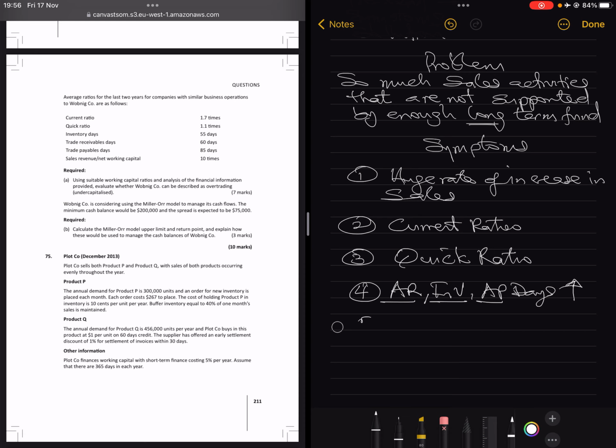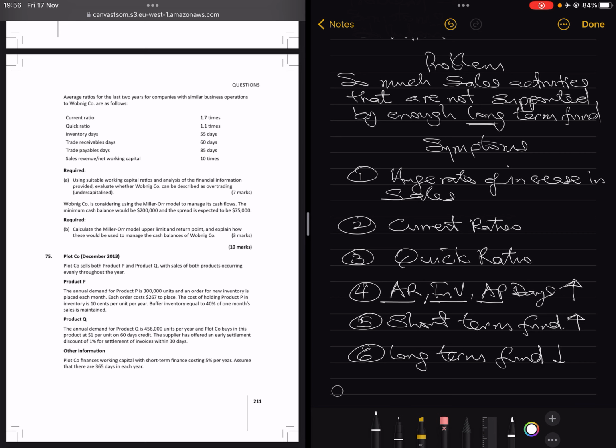Right? We expect all of that to go up. And likewise, we expect the short-term funding to go up. Things like overdraft. Short-term fund will go up. And lastly, long-term fund will deplete or will remain the same. But it will not go up significantly.